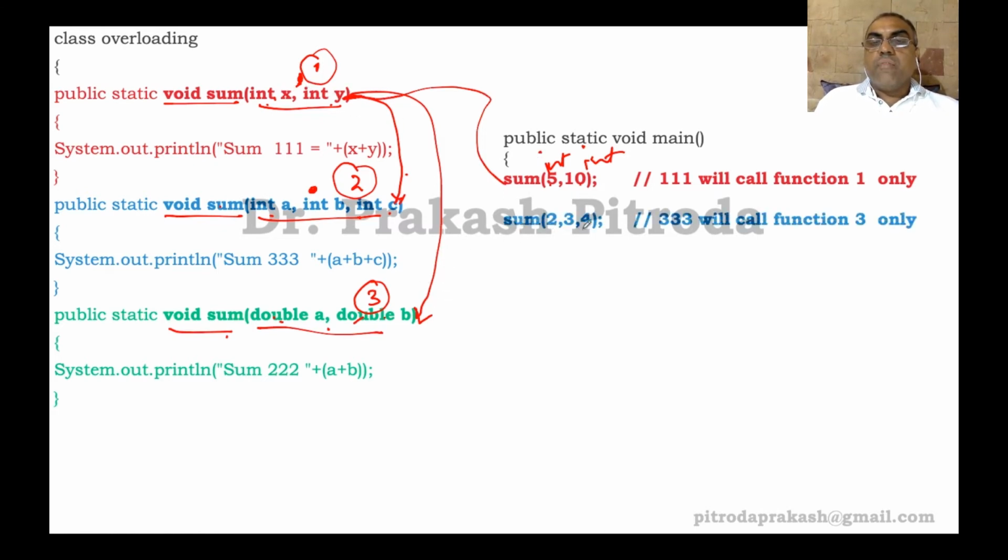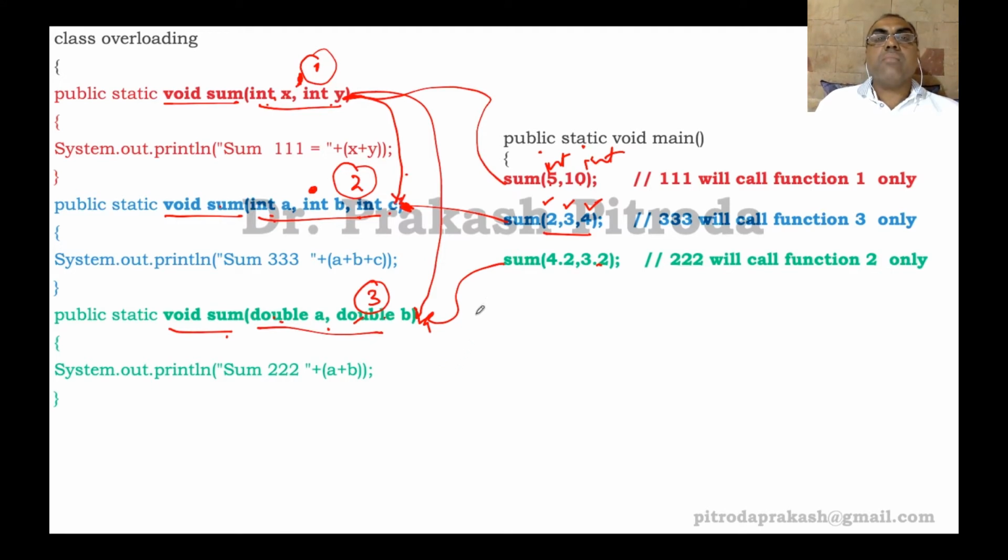Sum of 2, 3 and 5: there are three integers, 1, 2 and 3, so it is called by this particular function only. Sum of 4.2 comma 3.0 will definitely match with two decimals, so it will be called by this function only. So the compiler is smart enough to identify the type of data and call the matching function only.